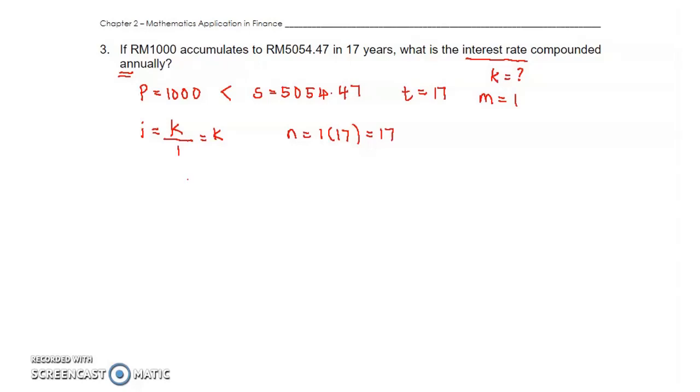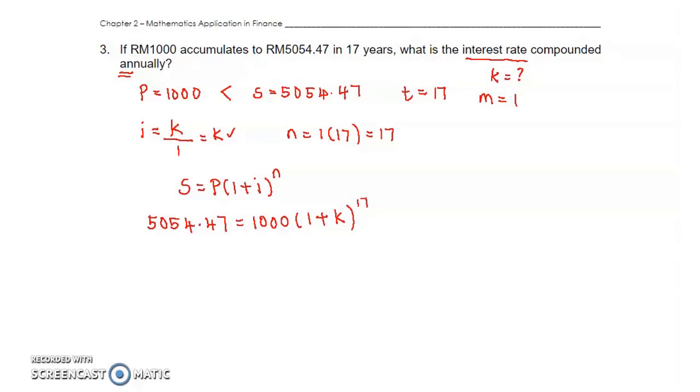Okay, then use the formula S equals P times (1 plus I) to the power of N. So we know that S is 5054.47, equal to P, 1,000 ringgit, times (1 plus I), where I just now equals K, and N equals 17.